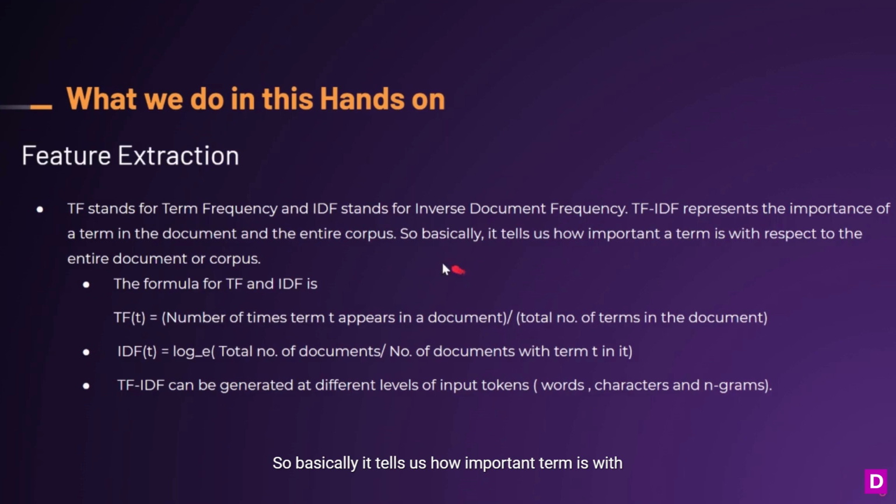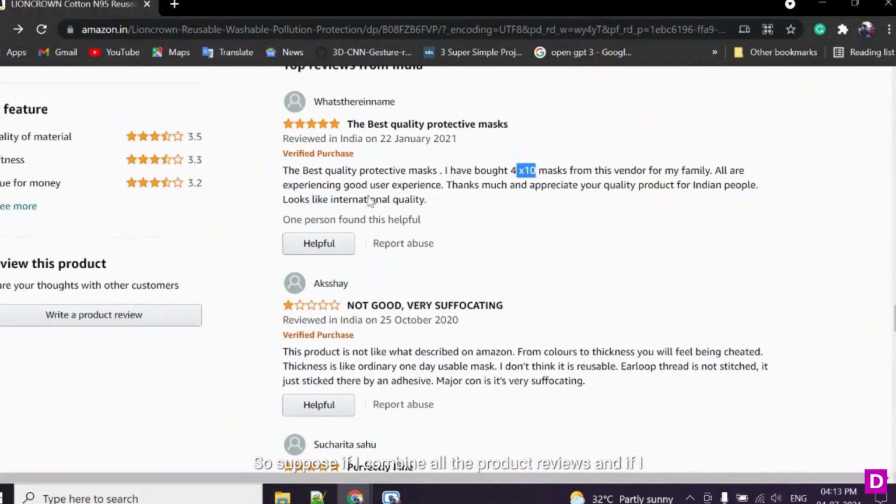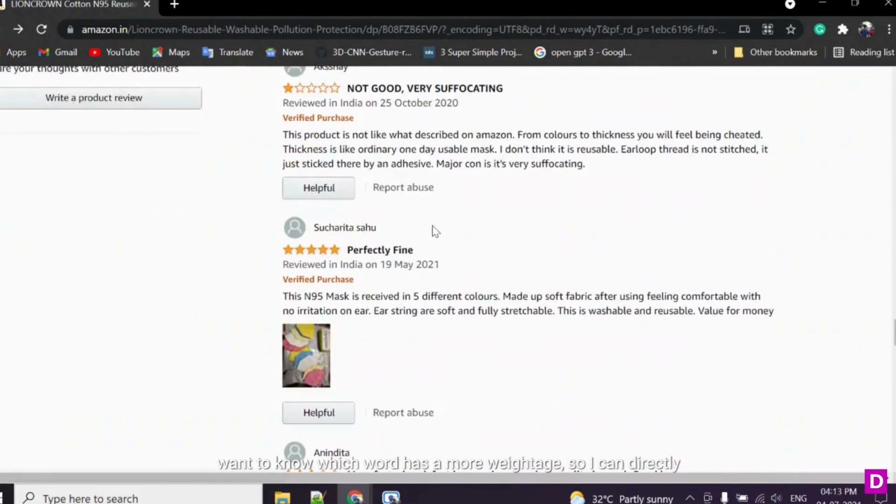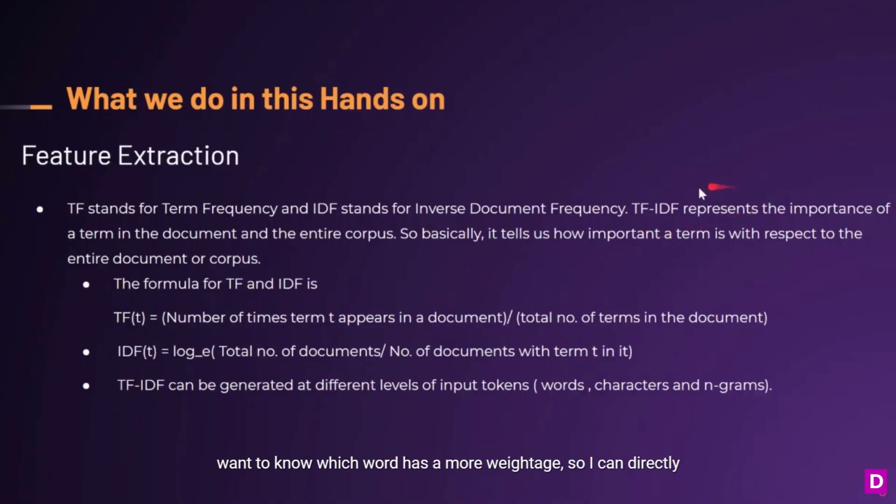Suppose I combine all the product reviews and want to know which word has more weightage. I can directly go to the TF-IDF score to know the importance of each word in the entire text corpus.